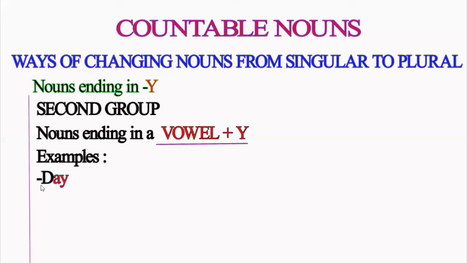Now we have here day. The last letter is y, but before y there is vowel a. Then here we have key. The last letter is y, but here we have vowel e. We have tray. The last letter is y, but before y there is vowel a.